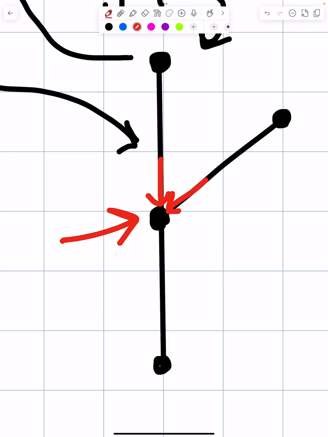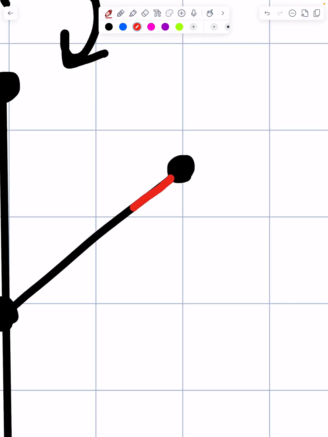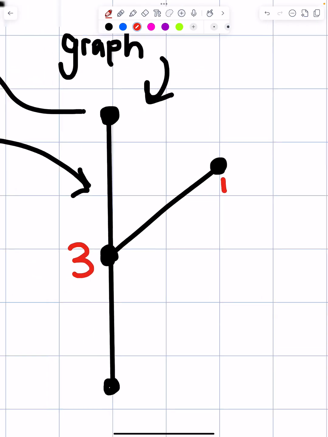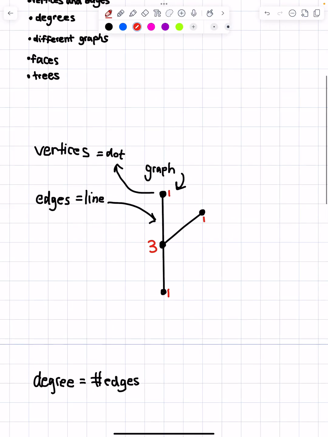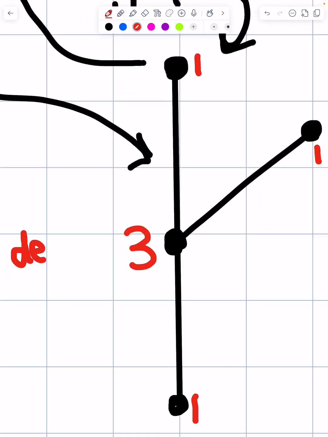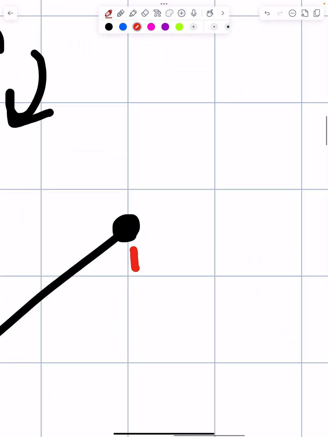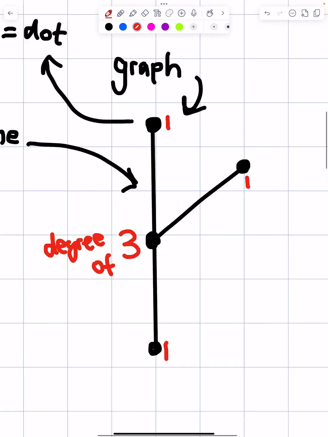That means the degree of this vertex is 3. And we look over here. How many edges are connected to this vertex? 1. So, the degree of this vertex is 1. And it goes the same for here and here. We would say this vertex has a degree of 3, and this one has a degree of 1. This one has a degree of 1, and this one also has a degree of 1.